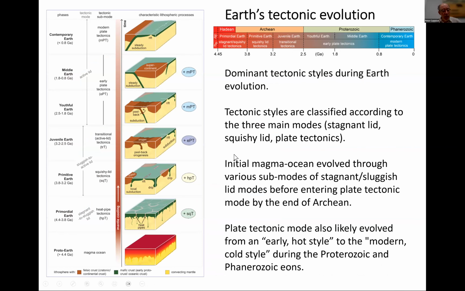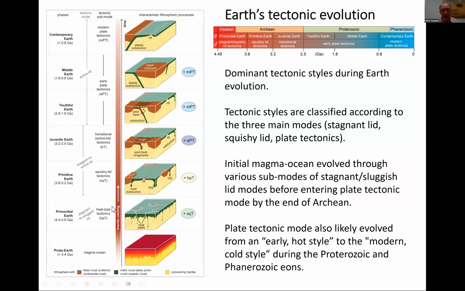And this is just a diagram that tries to bring all of that together and shows this time. Here's time vertically here. So the proto-Earth, we had a magma ocean. The Earth was first accreting. Then once that cooled, we probably had perhaps a stagnant lid type environment.